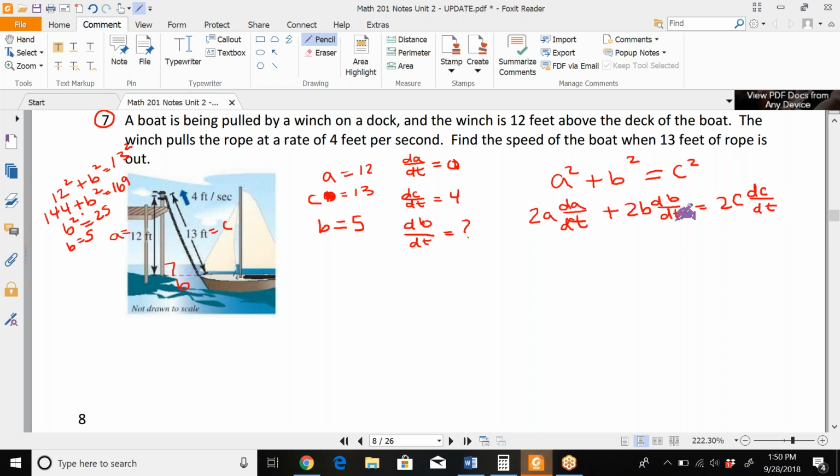Okay, so we plug in everything we know. We know that A is 12, so 2 times 12 times the change in the height of the dock, essentially, which is nothing. It's never going to change. And then we have 2, and B is 5, and we don't know dB/dt.